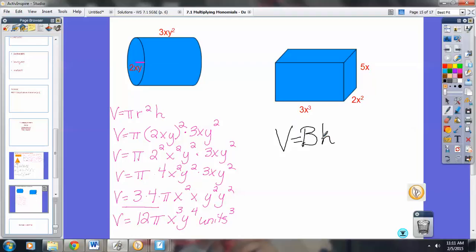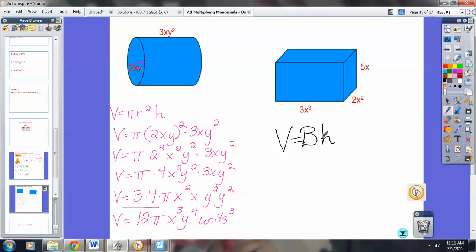Now let me ask you, is that capital B the same as lowercase b for base? No. It means the area of the base. So the bottom of this prism, could we find the area of the bottom of the prism? Well, sure.